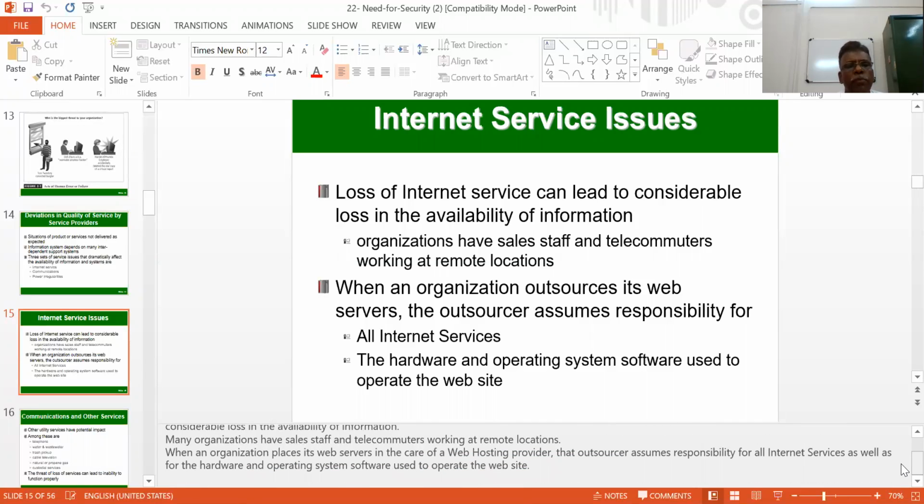Overall, many organizations have sales staff who are working in remote locations. They are also there when the organization places its web server in the care of a web hosting provider, who is the service provider.